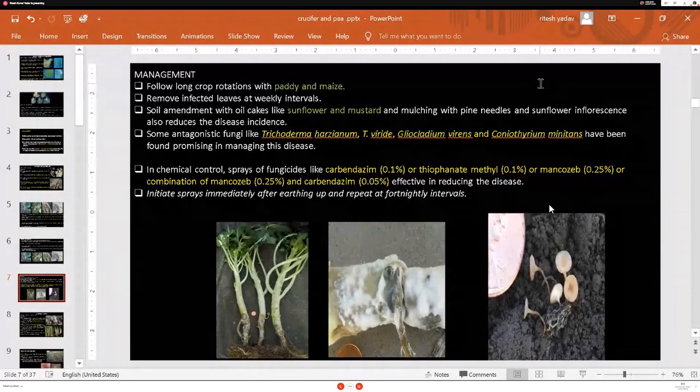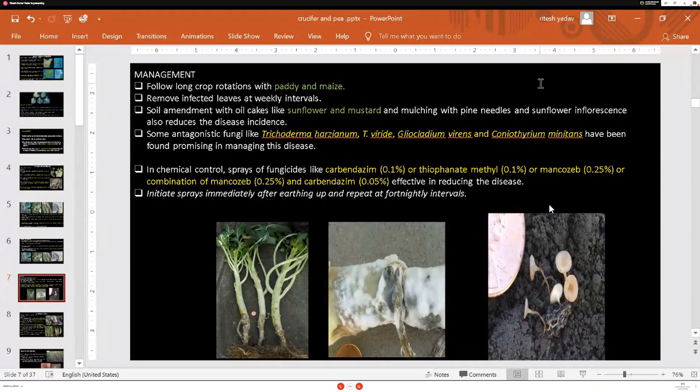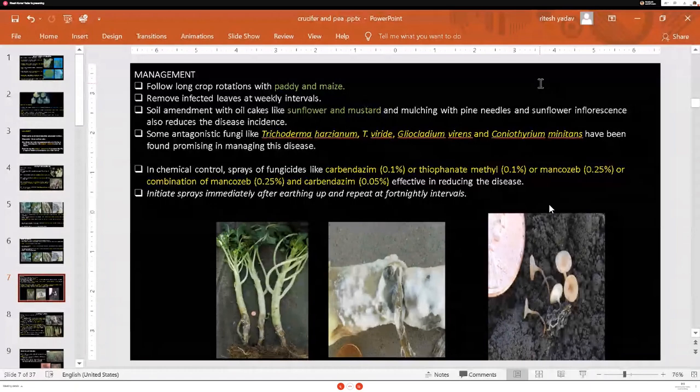So take 5 liters of liquid formulation, mix it in 100 kg of FYM, then cover it, keep it for 1 week, mix it every 2 days, and when there is some greenish growth after 10 days, you can see some greenish growth on the treated FYM. At that time you just apply it in the field.